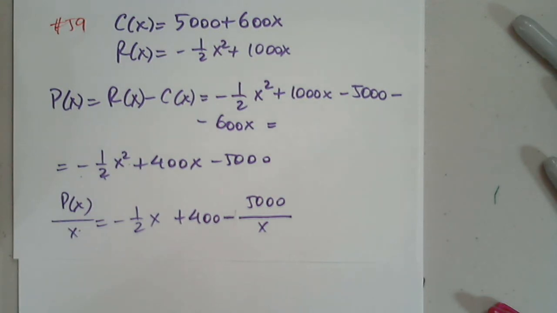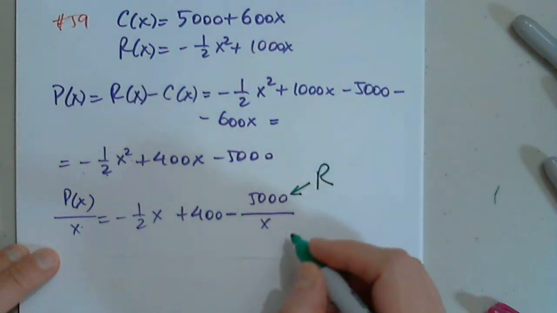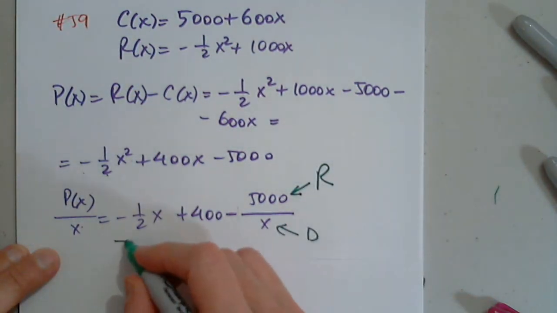Find a slant asymptote for the graph of this. That's all I wanted, and we don't need to graph it. So this is already done. Because the denominator was one term, this is the remainder, this is the divisor, and this is the quotient.